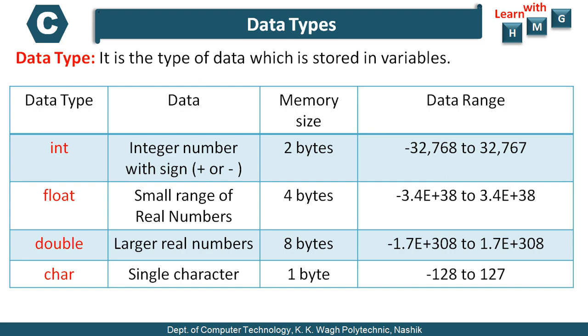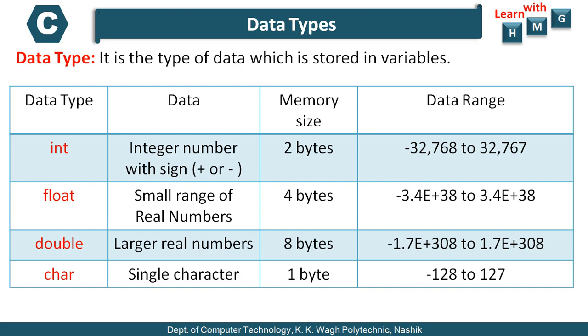Second is the float data type, for a small range of real numbers or floating point numbers. It occupies 4 bytes of memory, and its data range is minus 3.4 into 10 raised to plus 38 to plus 3.4 into 10 raised to plus 38. So this is the range of floating point values; you can use float for this data range. Third is the double data type, for a somewhat larger range of real numbers.